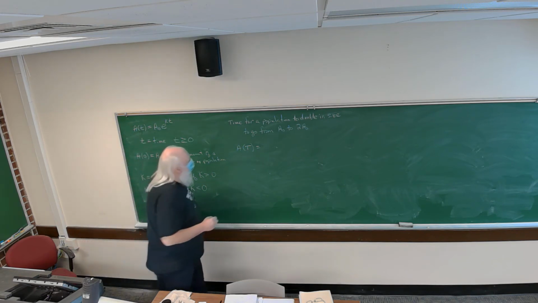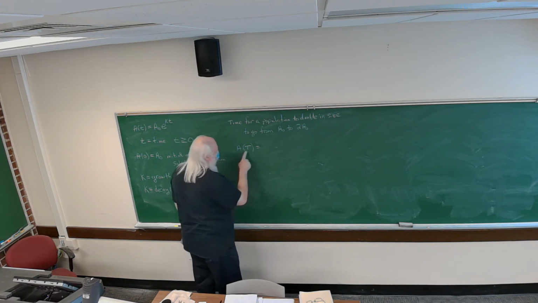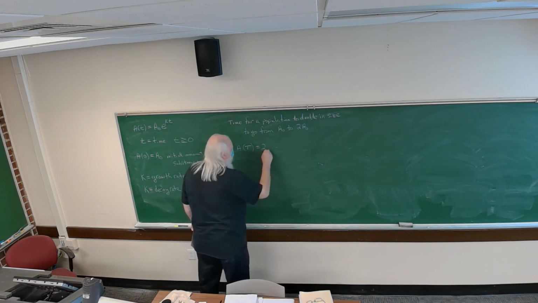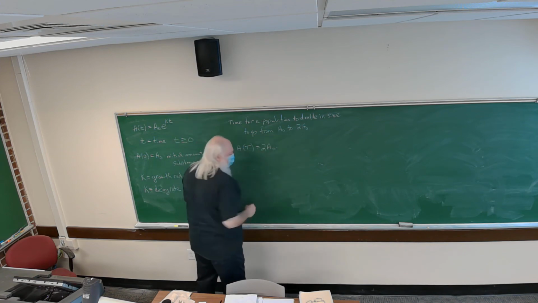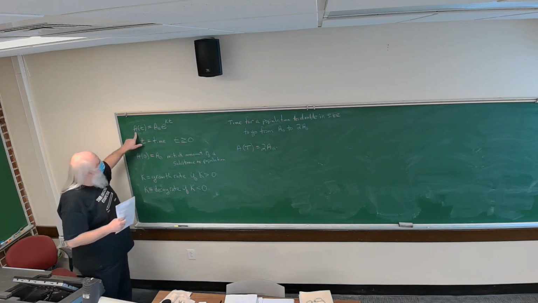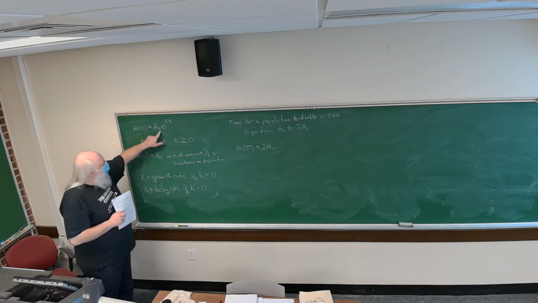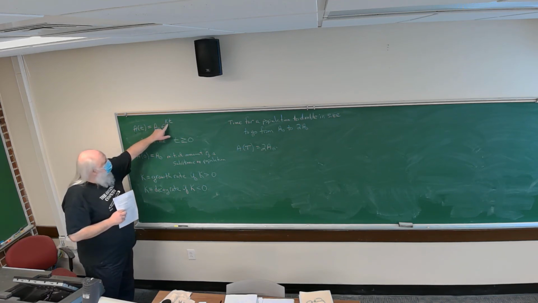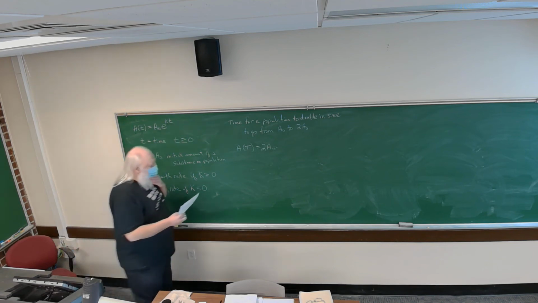Well, the amount at time capital T has to equal 2 times the initial amount. And in our formula over here, when I replace little t with big T, I get a sub 0 times e to the k times big T power.